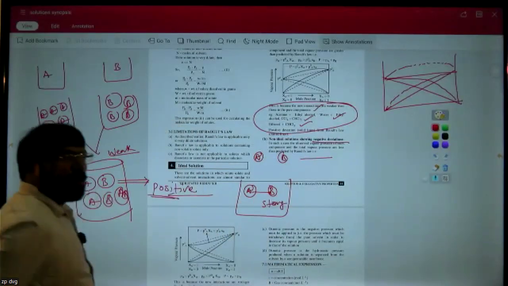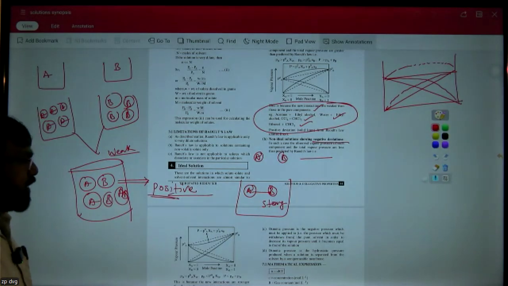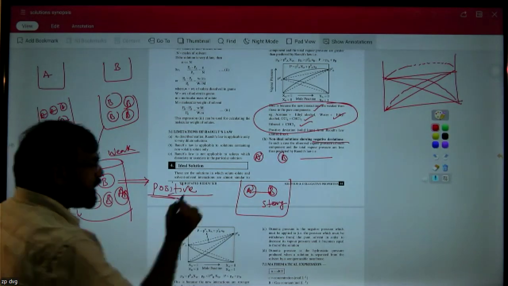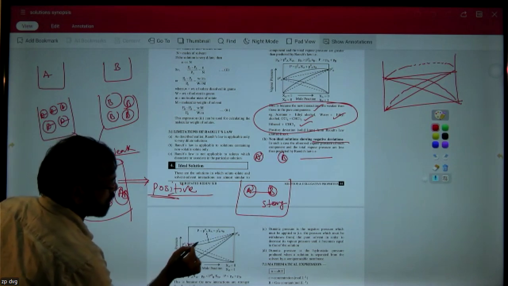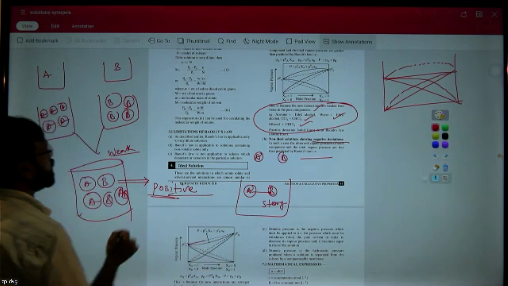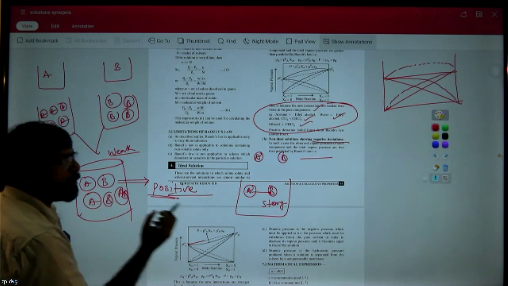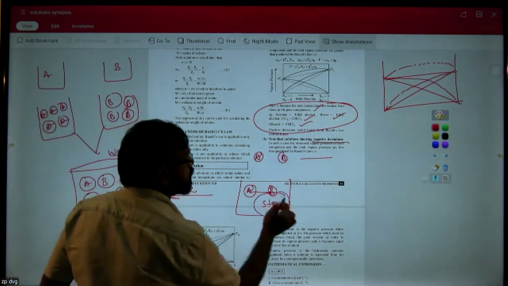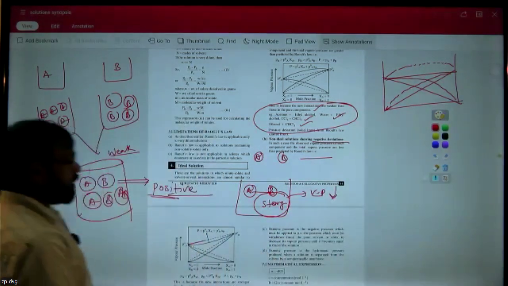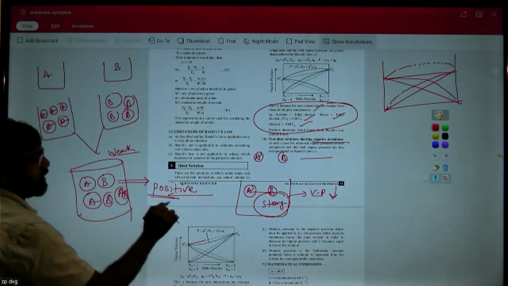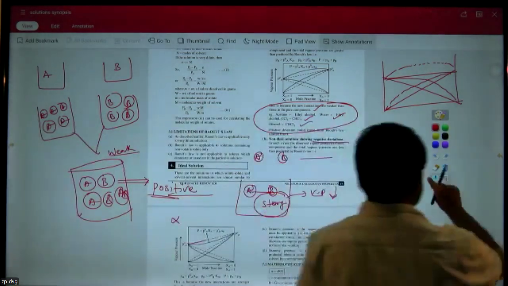Then it produces a negative deviation solution. Now, in this solution, how will we get the graph? Like this. In negative deviation, because of strong interactions, the vapor pressure is going to decrease. That is the reason we get a graph like this.